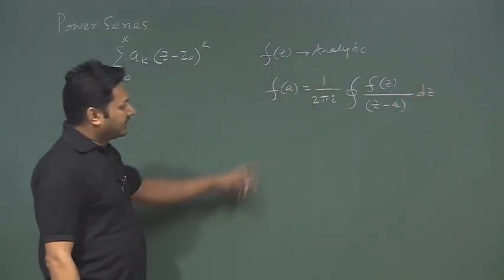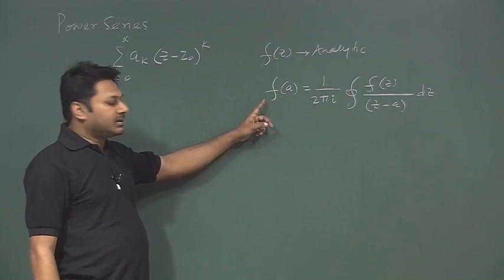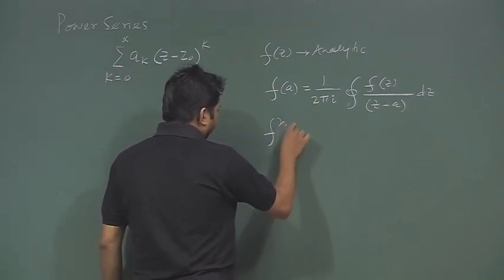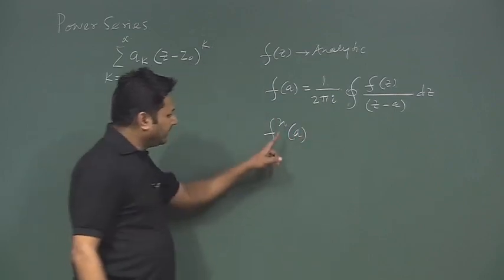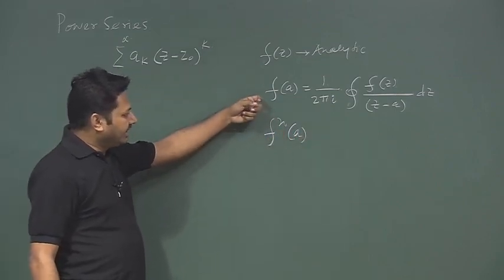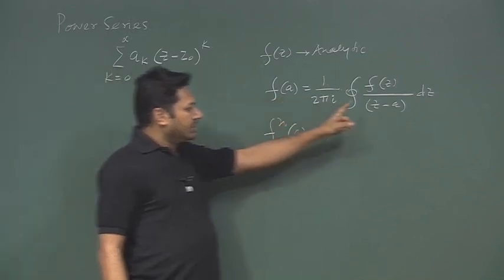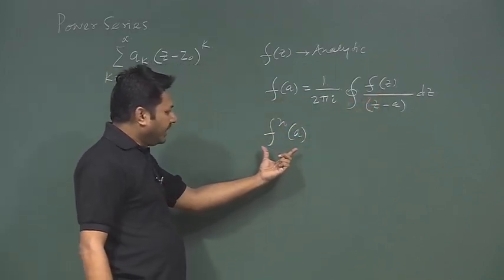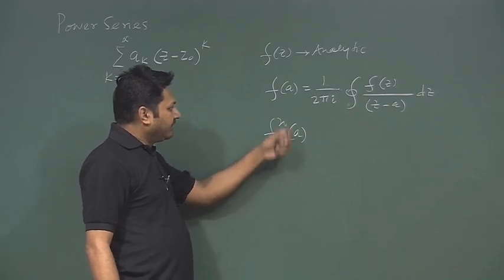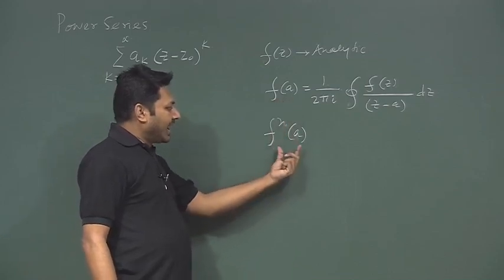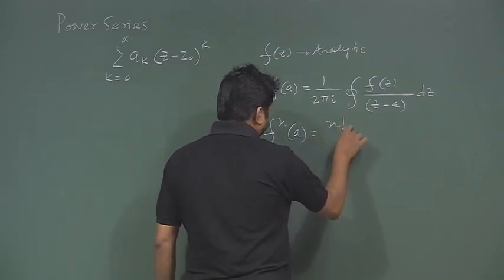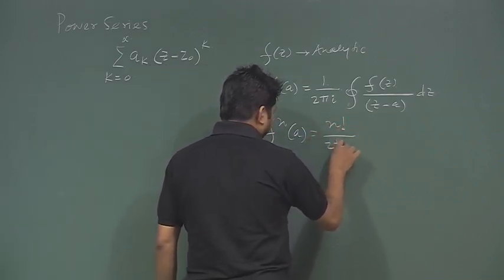Not only that, I can also find the value of f n a, that means the nth order derivative. Mind it, when I am writing this expression, f z is an analytic function. Now, I try to find the nth order derivative of that particular function f z at that point a, and it was something like this.